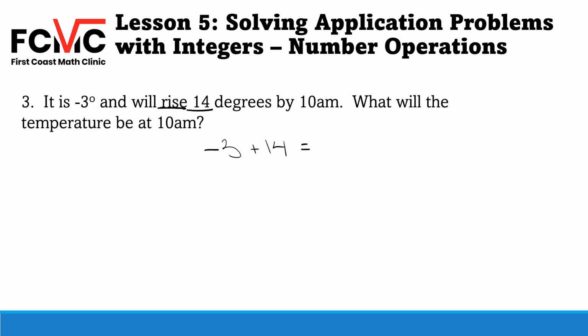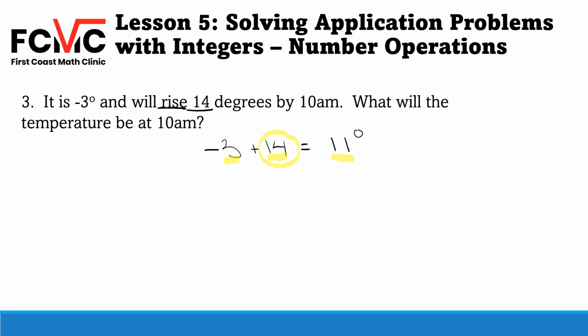The difference between 14 and 3 is 11. So 11 degrees. And what's the sign going to be? Should that be a negative degree or positive degree? We want the sign of the number with the larger absolute value, the number that's further from 0. So what number is further from 0? Is it the -3 or is it the 14? Well, that 14 is further from 0, so our 11 is going to stay positive.